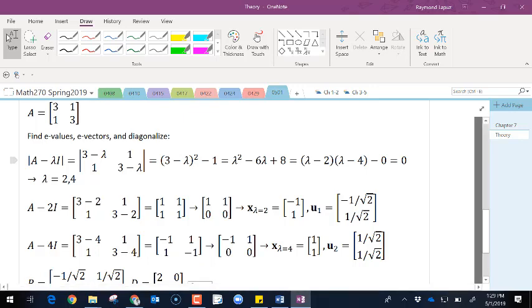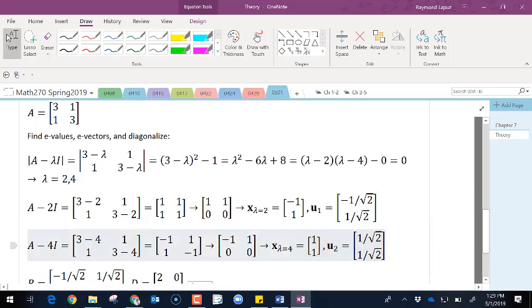So we first found the eigenvalues. Eigenvalues turned out to be 2 and 4. And then to find the eigenvector, you find the eigenvector for 2. I got -1, 1, but let's normalize it so that it's -1 over root 2, 1 over root 2. And then we did the same thing for eigenvalue 4. And then my eigenvector was 1, 1.